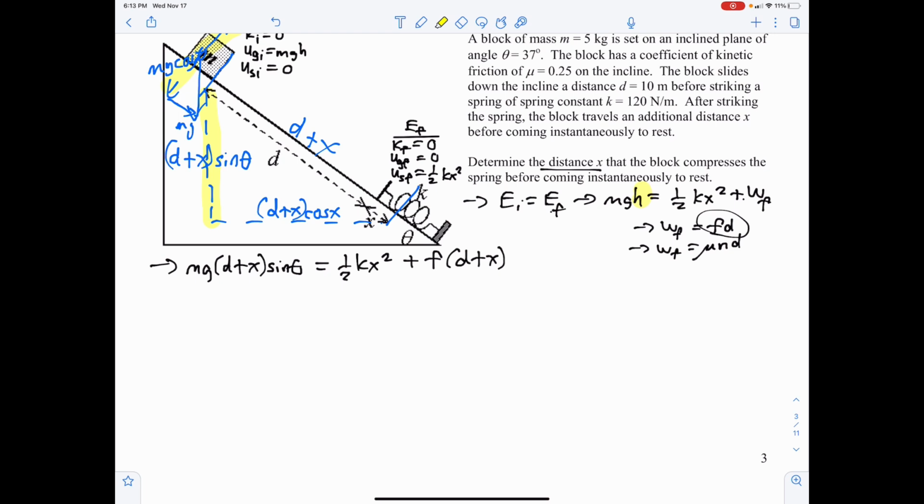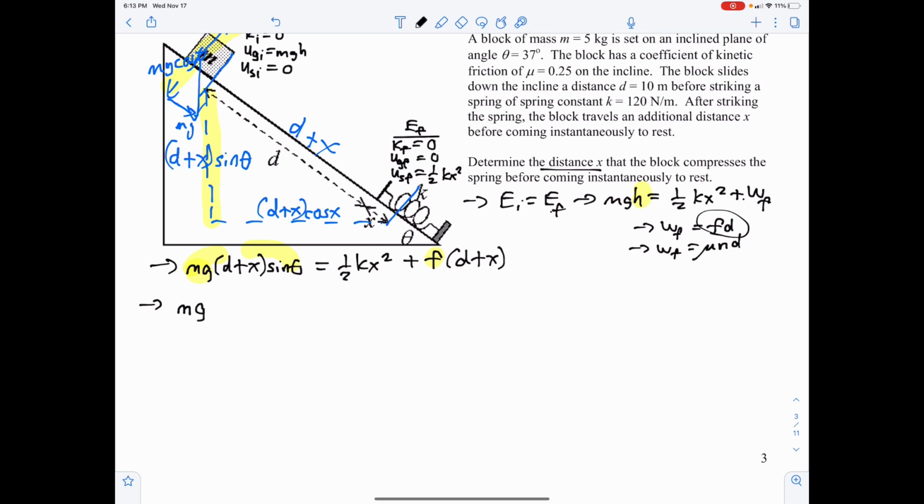Okay, let's go ahead and substitute. We're going to do a couple things, actually. We're going to substitute for friction, and then we're going to distribute mg and sine theta through the parentheses. Actually, let me just take care of this substitution first, not do too many steps at one time.